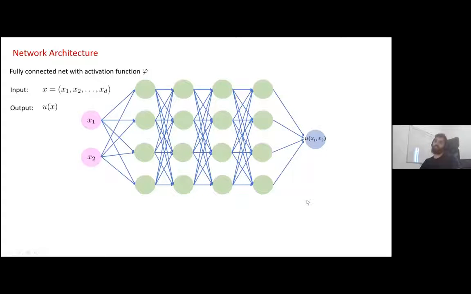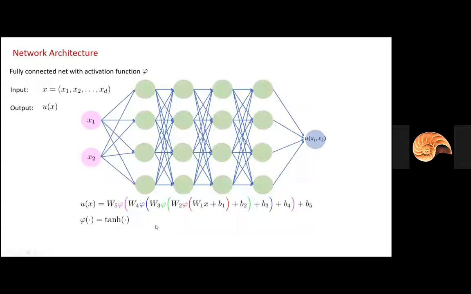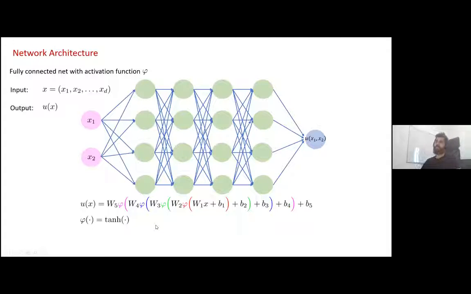Okay, so let's look at the network architecture. We use several fully connected layers with a tanh activation. Now there's two things to notice here. One, because we have this closed form of the output, this is just how the output looks, we could calculate the derivatives of this function.